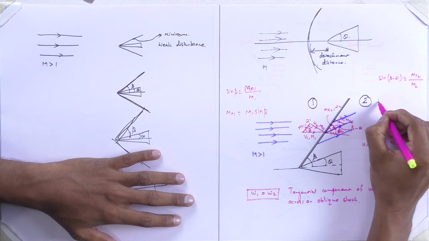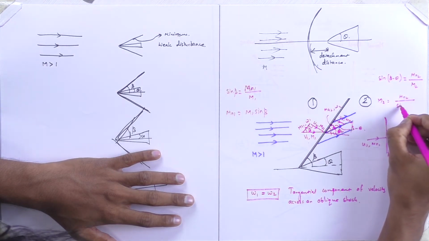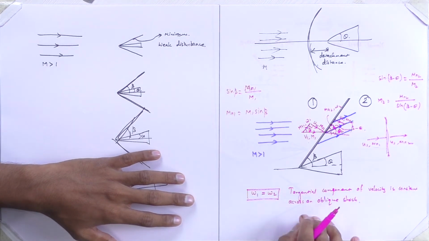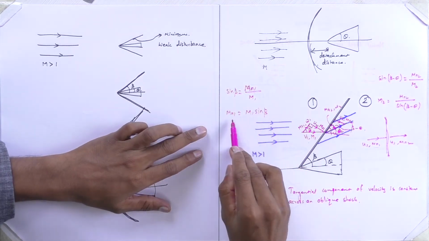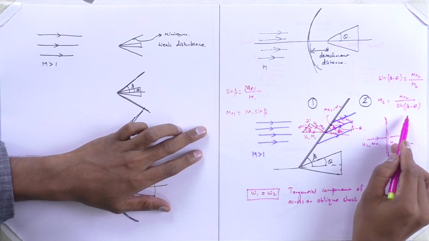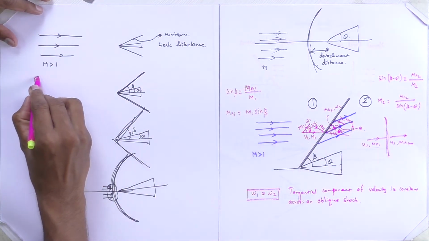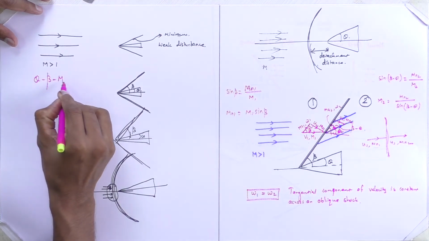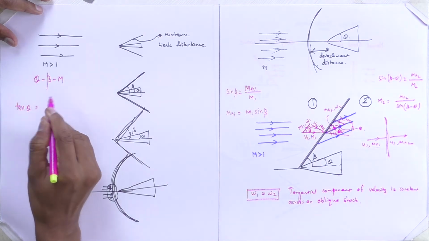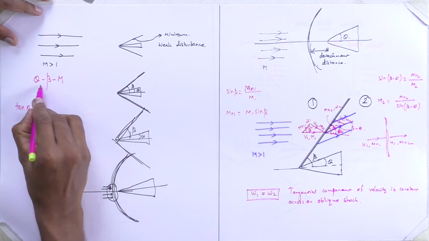So from this relation M2 is equal to Mn2 divided by sin of beta minus theta. In order to get these values, the Mn1 value and the M2 value, we need the value of beta. That is related in the theta-beta-M relation, that is, tan theta is equal to... the derivation of this equation is not that important here. We need only the relation.